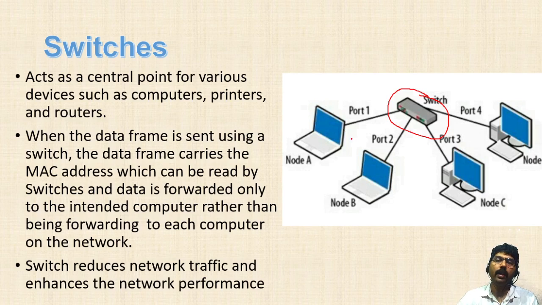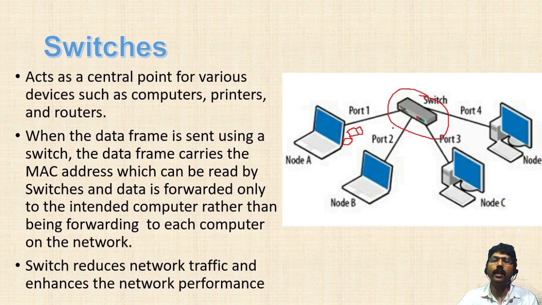For example, if node A wants to send some data to node C, node A sends the data in the form of a data frame. The data frame contains additional information called the MAC address. This MAC address is available in each and every machine. Each machine has its own unique MAC address. The MAC address is also called the physical address of the computer, which is stored in the hardware part of the computer, that is, the NIC.